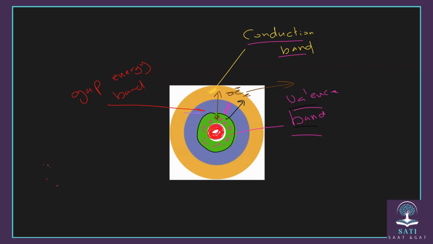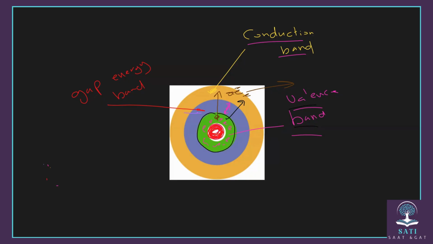If the material is a conductor, the gap energy in this case is going to be close to zero. That means it will not exist, and the conduction band will be exactly above the valence band. So electrons move between the conduction band and valence band easily, since there is no big gap energy between them.